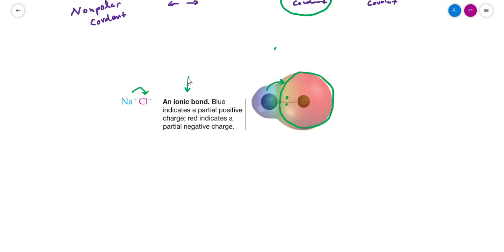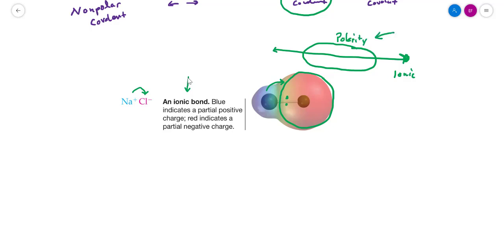On that spectrum, this would be out in the purely ionic regime. But I'd say for the vast majority of compounds, they're going to lie somewhere along the spectrum between a purely covalent nonpolar compound and a purely ionic compound. They'll be somewhere on this polarity scale here. So how do we assess, what tools do we need to assess how polar a bond actually will be?